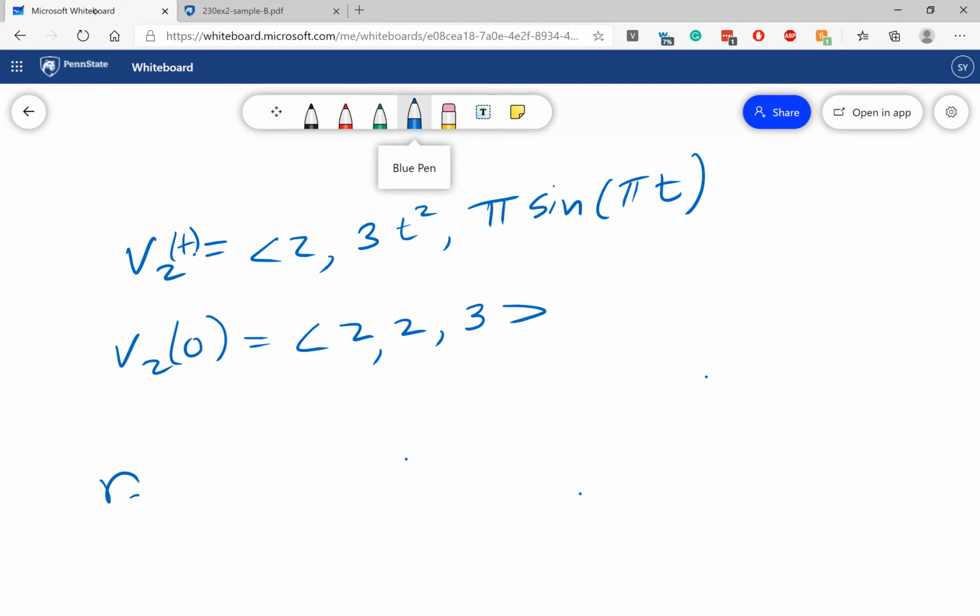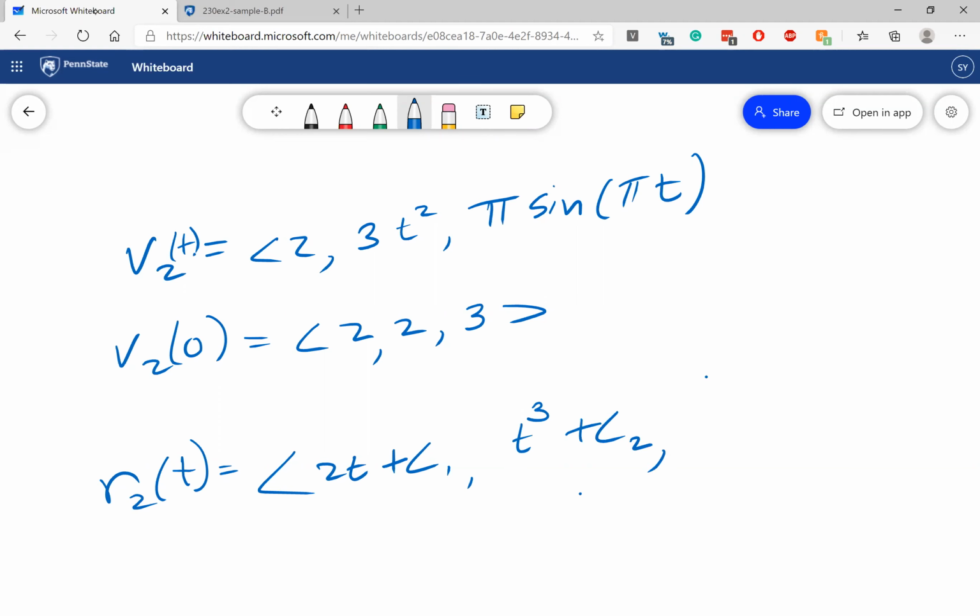Okay, so R2 of t is going to be the antiderivative of this, so that would be 2t plus c1, t cubed plus c2, and negative cosine of pi t plus C3.